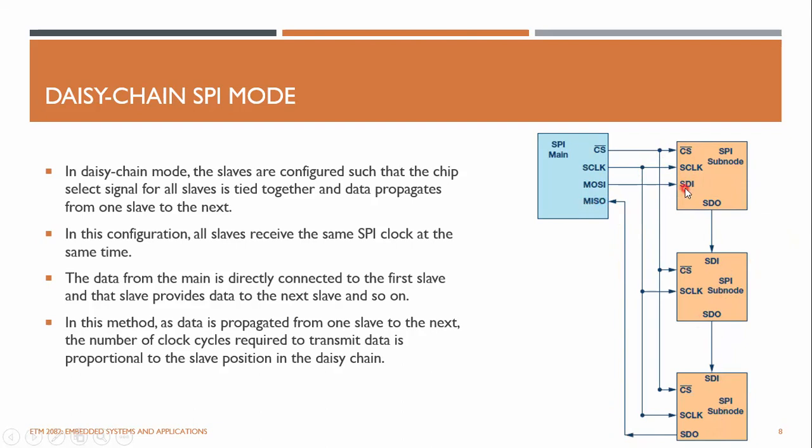So in that case, even though you have fewer chip select pins on the master, that comes with some kind of compromise, which is that you have to compromise the speed of your communication. For example, now you have to wait until all the data goes up to the last device and comes back to the master.